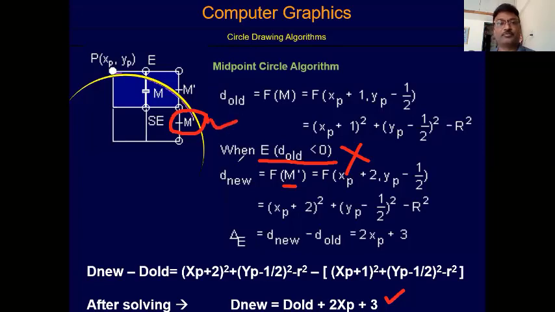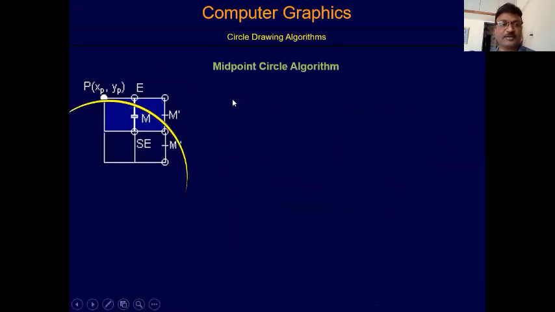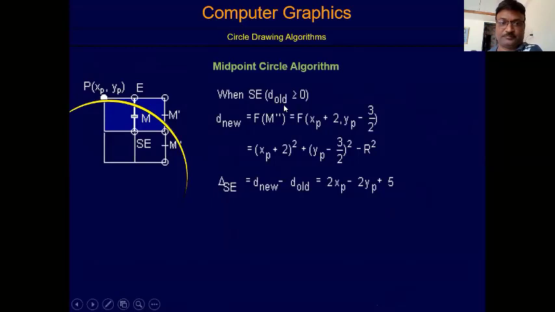Now I have shown this in the next slide. Suppose I proceed to the next slide. See, which point have I selected? This is my AC point, and I have to go for this M2 dash. Now, how can you calculate the coordinates for the M2 dash? Proceed. You have already calculated the d old value. Now, what are the coordinates for M2 dash?